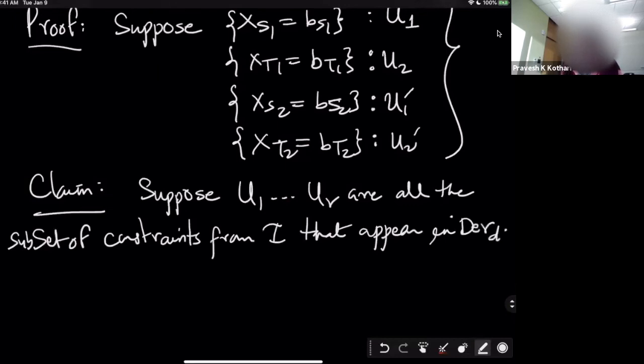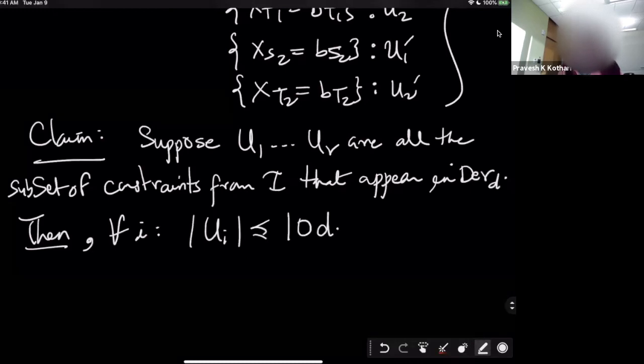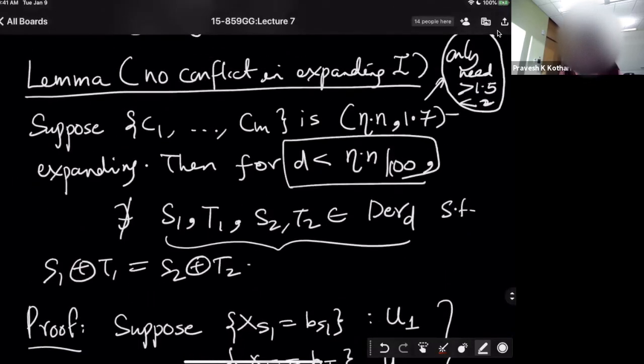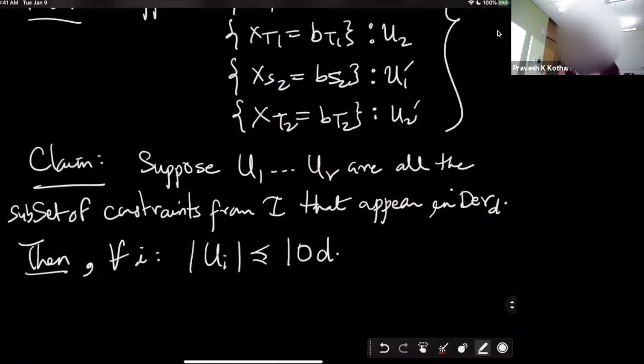Then for all of these i's, the size of ui is at most 10 times d. Remember that d is the degree of the derivation we are doing, so d is at most some eta n over 100. Each constraint that we put in the set of derivations corresponds to a union of clauses, so let's count how many clauses are required in each of these unions. We're saying I cannot actually use more than 10 times d clauses in each of the derivations. That's what this claim is saying.